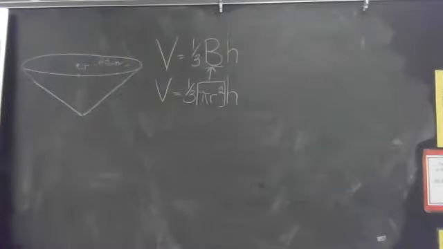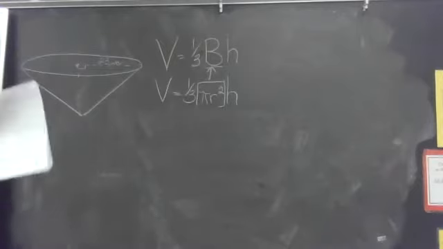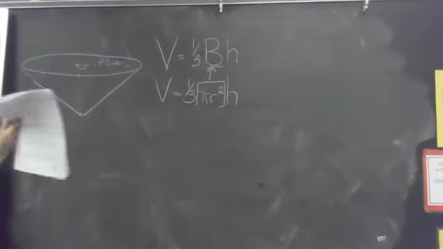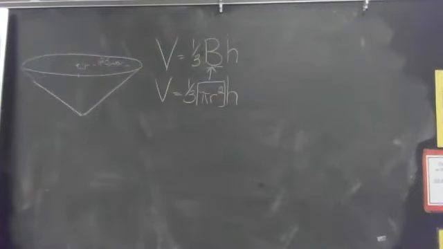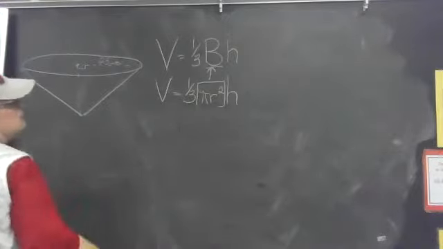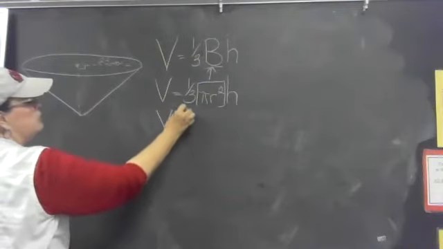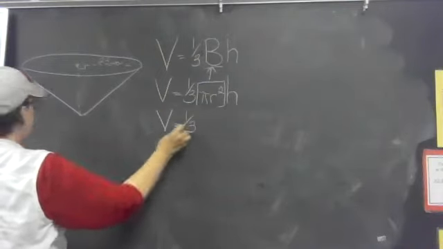Okay, is there a formula right there? Is that the same formula? Same formula, because it says we're finding the volume of the cone. So yes, we're using the same one, but we're going to hit a snag, okay? So we're filling in the volume formula. We're taking volume equals 1/3, we know that.